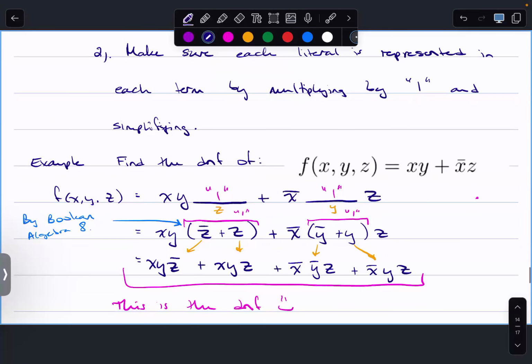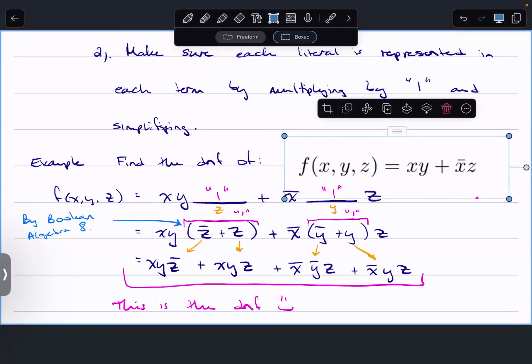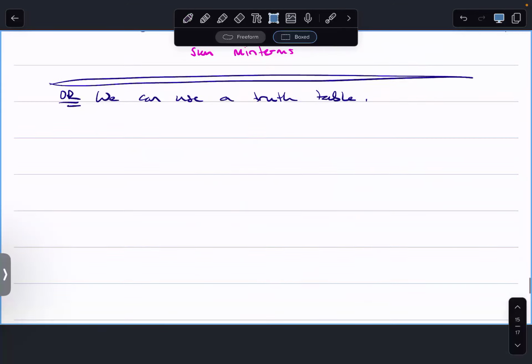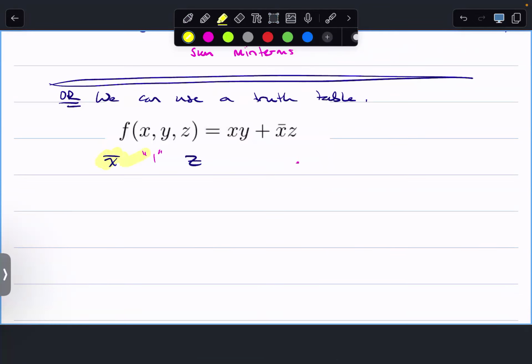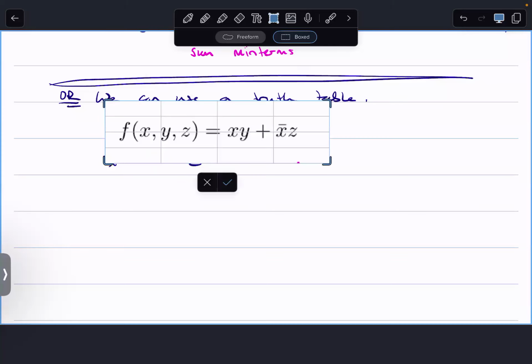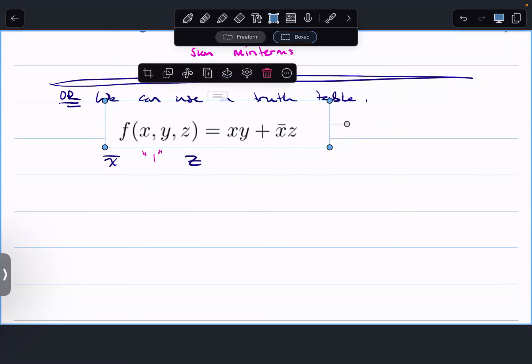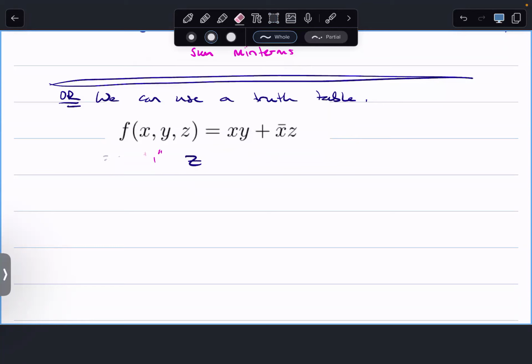Now let me grab the original copy. So we're gonna do the same function here.